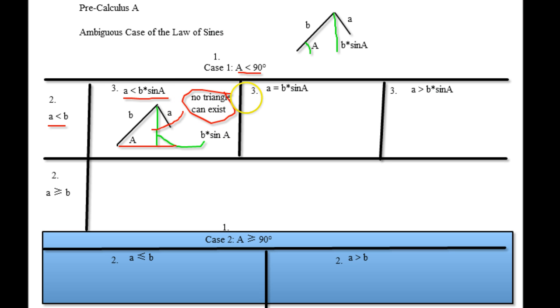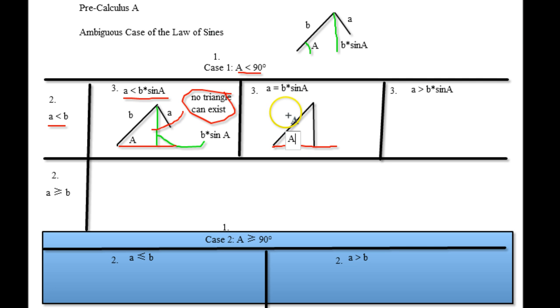And this is the really sweet situation when you come across this problem, to where a is less than b times the sine of A. When that happens, you don't have to finish the problem. Now you can already imagine how the rest of this is going to go, because if a is equal to it, my imaginary side has to go this way.